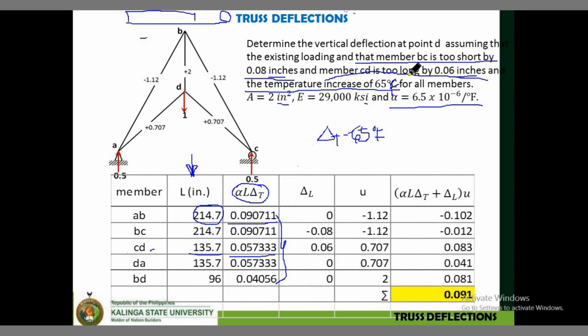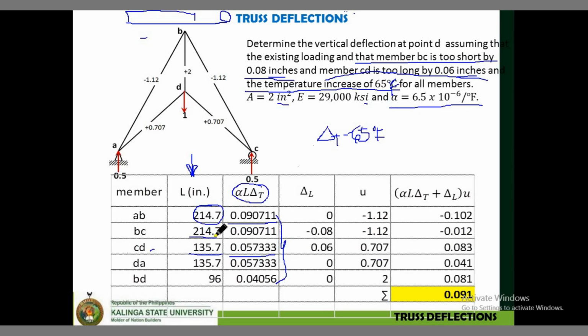Itong statement na to, it will give us an idea na we have to consider fabrication errors. So, dito sa statement, ang sabi doon, si member BC daw ay bitin by 0.08 inches. Yun ang ibig sabihin, si member BC, hindi siya eksaktong 214.7.